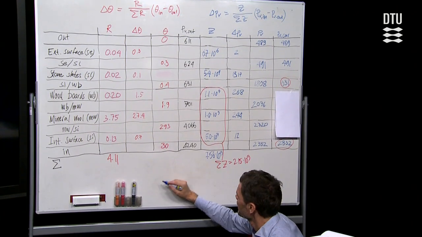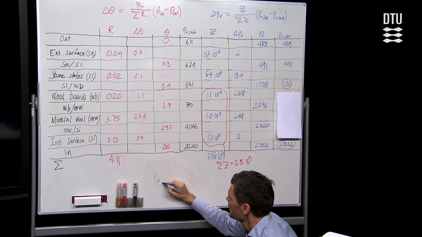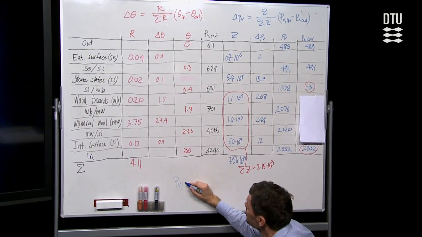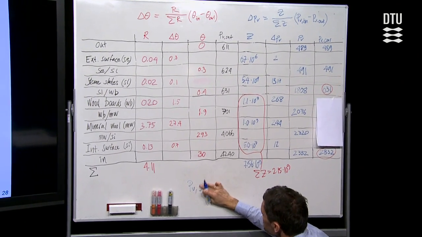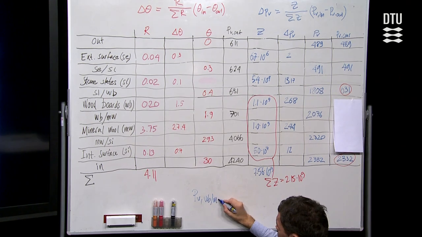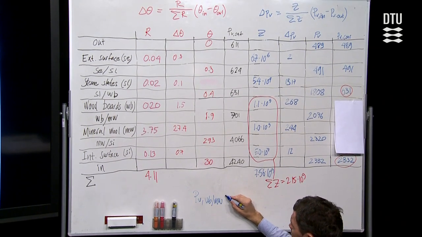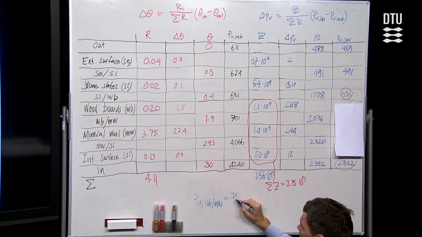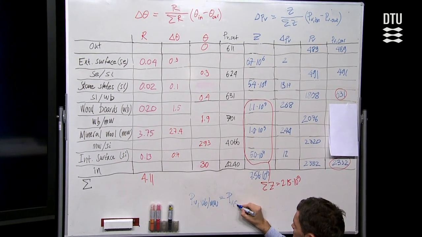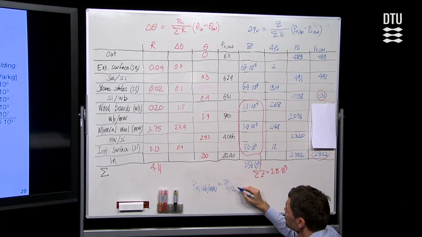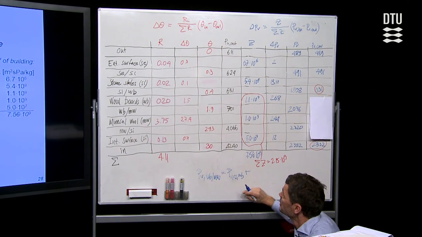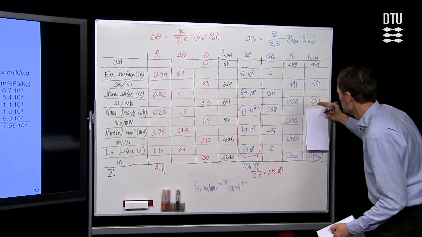When I write that the vapor pressure at the interface between the slates, the wooden boards and the mineral wool, well, that becomes the vapor pressure I had just in the previous interface, which was the slates and the wooden boards. And then I should add to that, what is the increase I have over there?